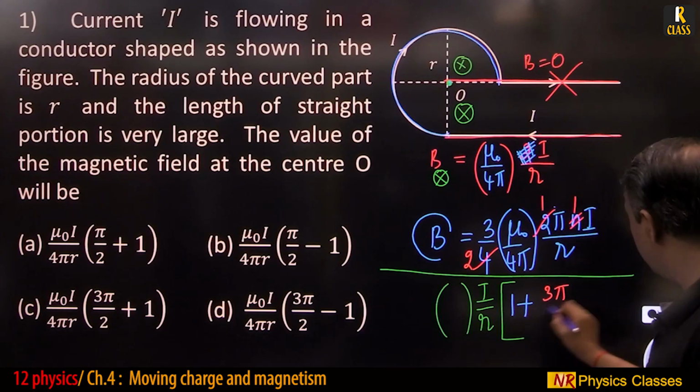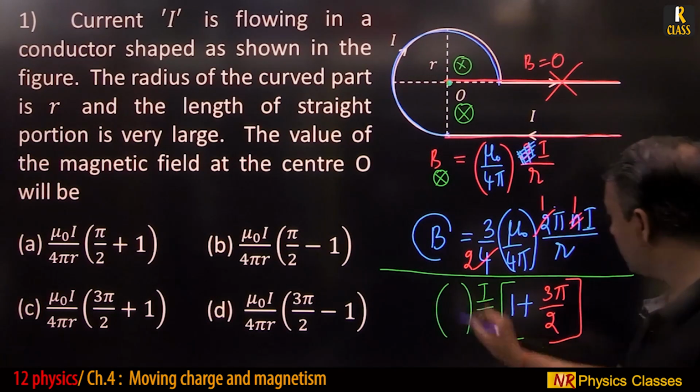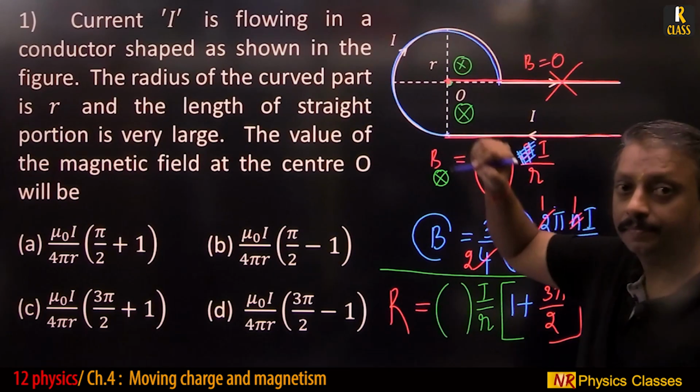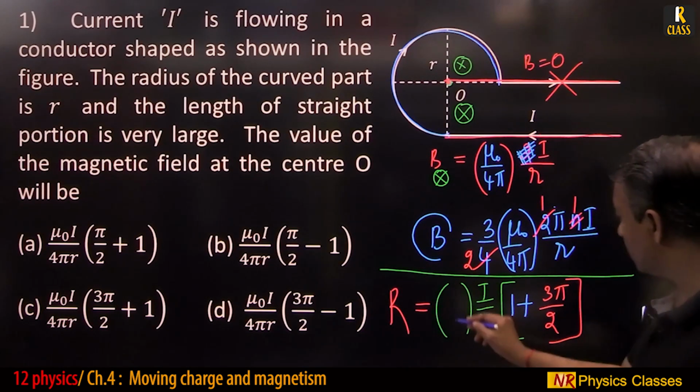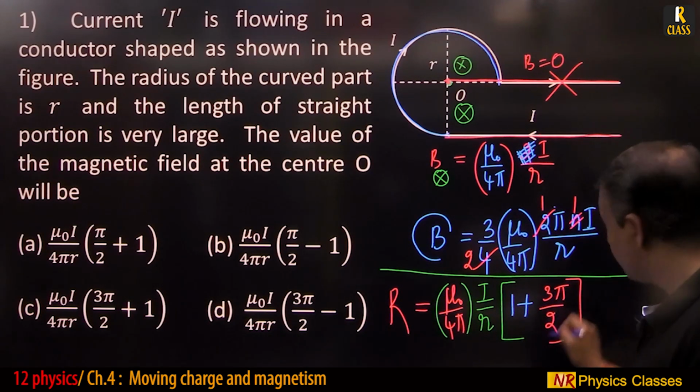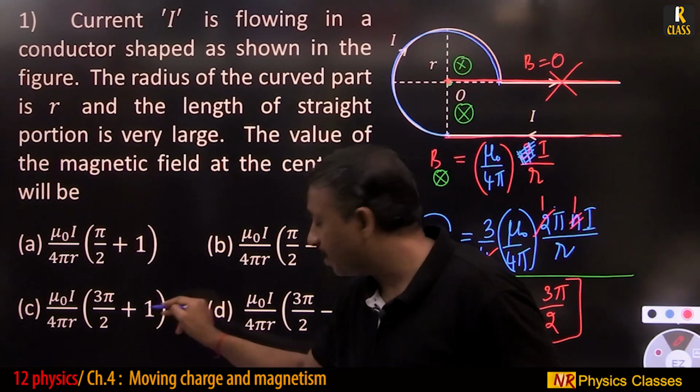So the resultant magnetic field at this point is mu naught by 4 pi, I by R, times (3 pi by 2 plus 1).